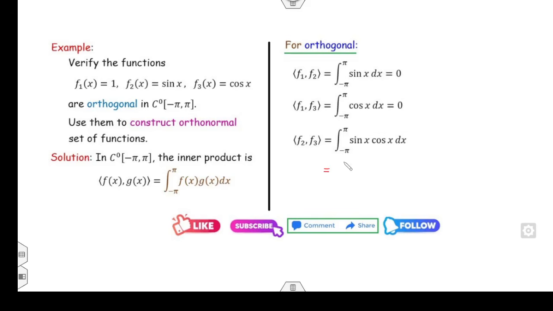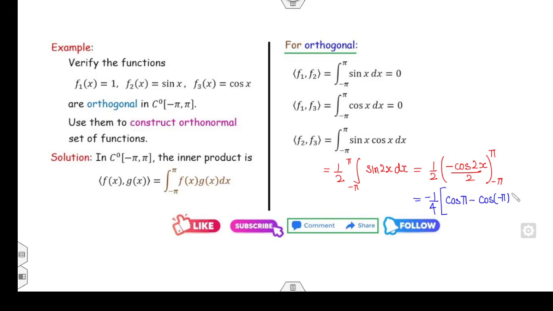So the second answer is also 0. How can you write the integration of the third part? I can multiply by 2 and divide by 2. Fine. So this is sine of 2x over 2. Now you can integrate it. It is half, minus cos 2x over 2, from minus pi to plus pi. And clearly, minus 1 over 4 is outside. So it is cos of pi minus cos of minus pi.